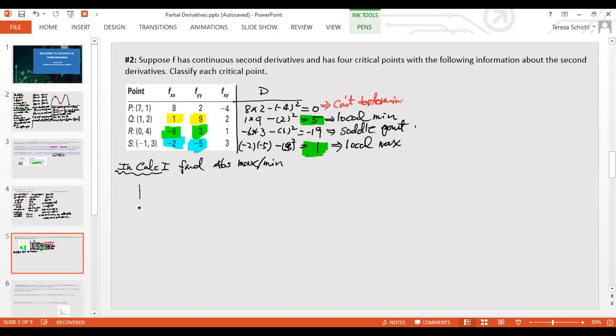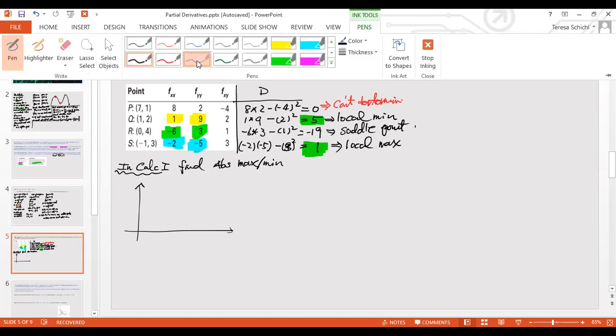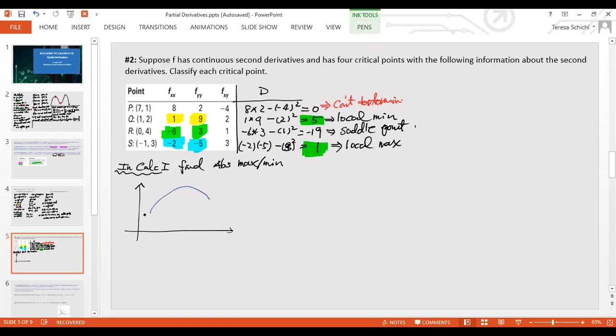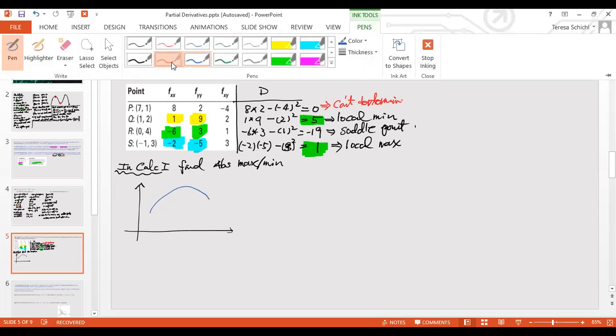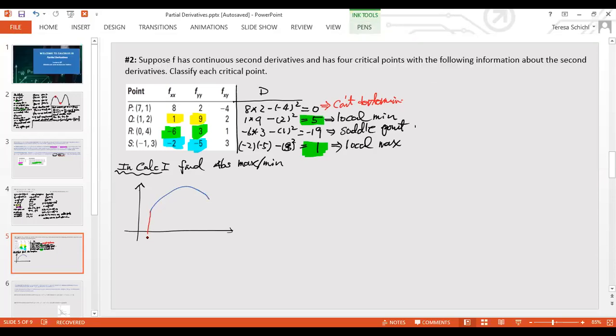So in calculus 1, if I have a function that goes like this, then I have an interval here, this is A and this is B. So this is f of x here, and my domain is from A to B, so it has to be a closed interval.